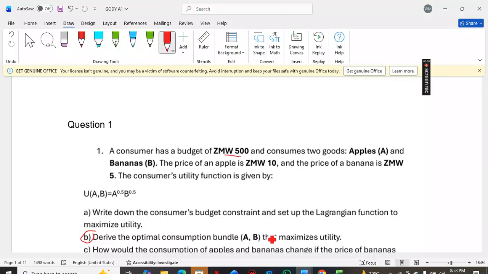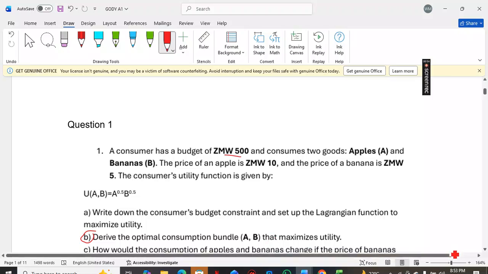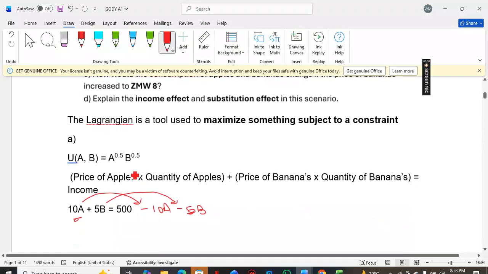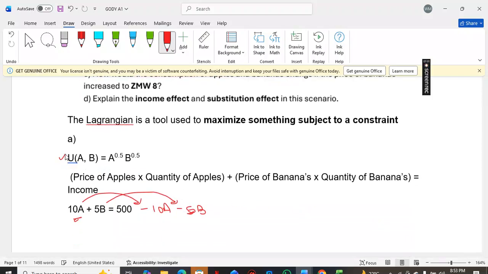As I said, these questions just follow steps. It's a step-by-step process. Step 1, write your budget constraint equation. Your utility function will be given to you. After you write your budget constraint equation, take this 10a and this 5b to the other side so that you can put it in the Lagrangian function.